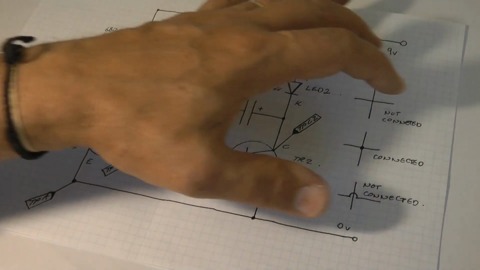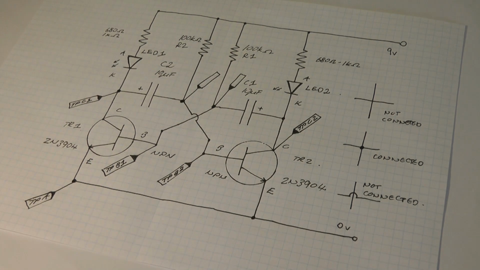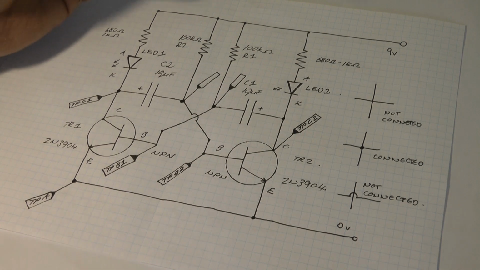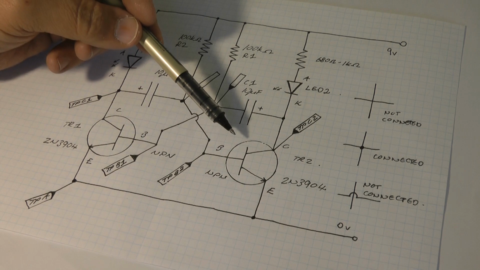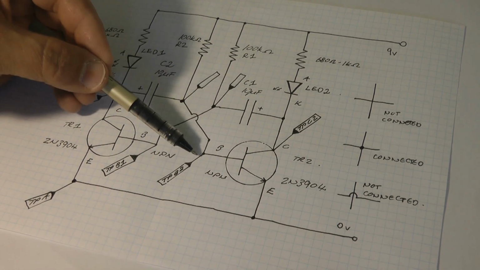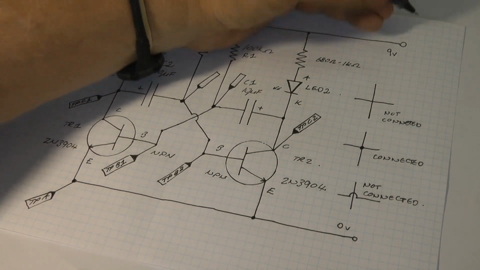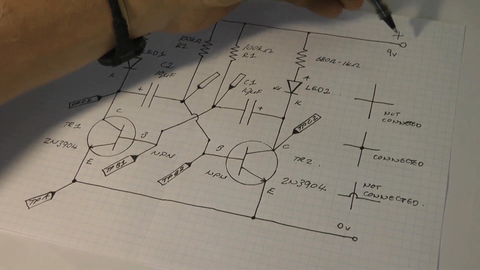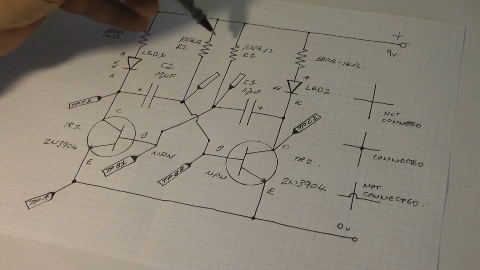So when we apply power to this circuit diagram, what happens is the bases of both of these two transistors start to charge up through the path here, because we're going to talk about conventional current. Now we all know from Electronics 101 that current flows from plus 9 volts up here. It's going to flow through these resistors.